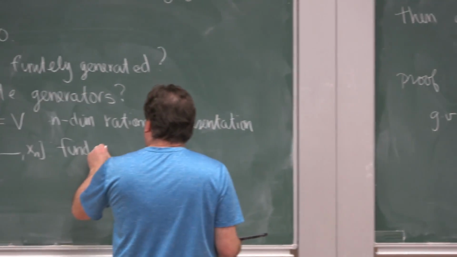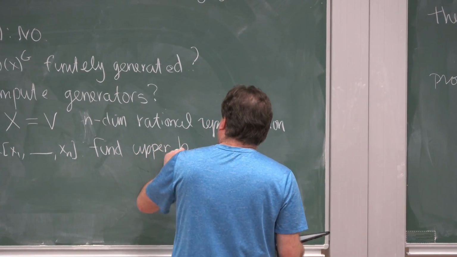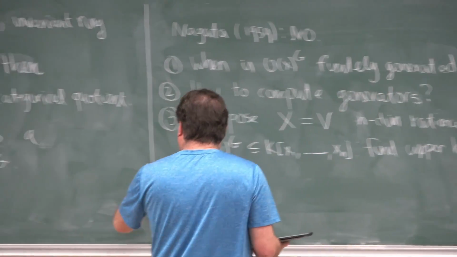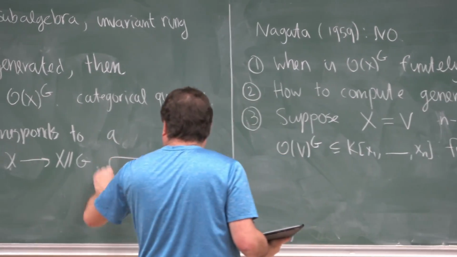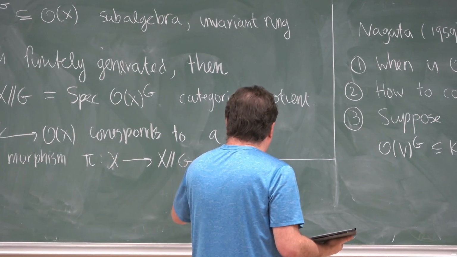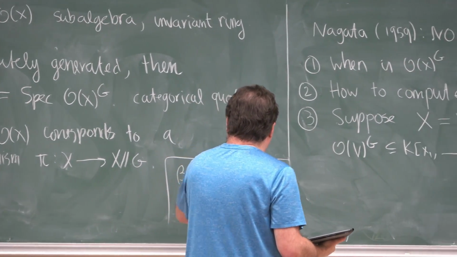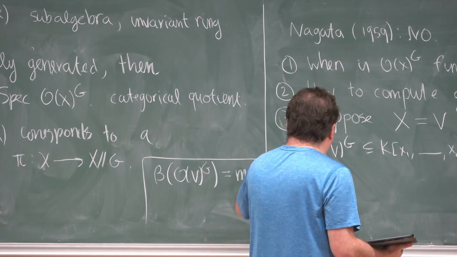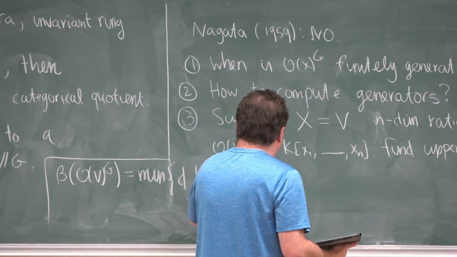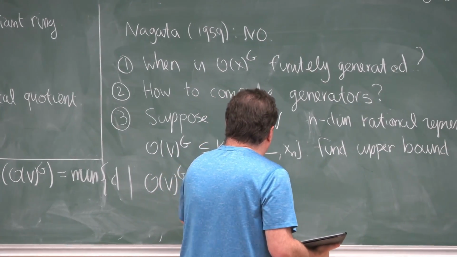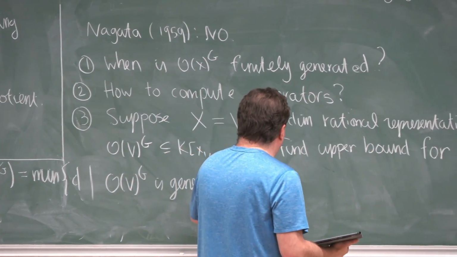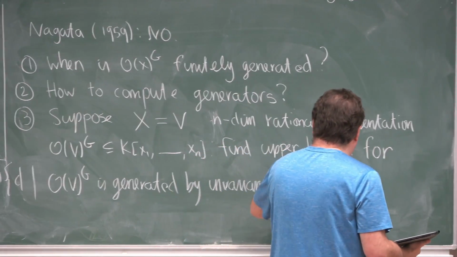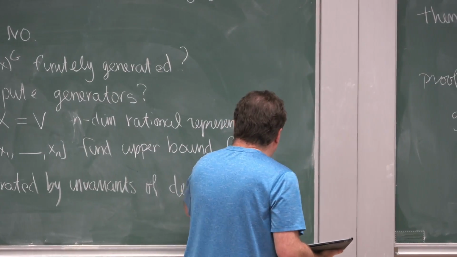So find an upper bound for what I call beta of V, G, which is the smallest d such that the invariant ring is generated by invariants of degree less than or equal to d.